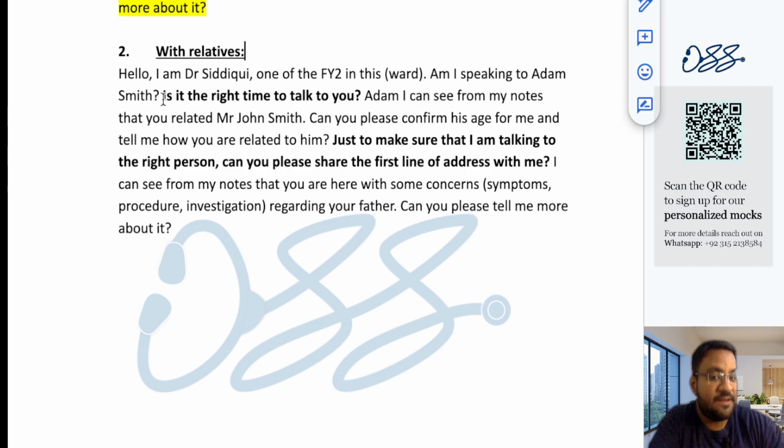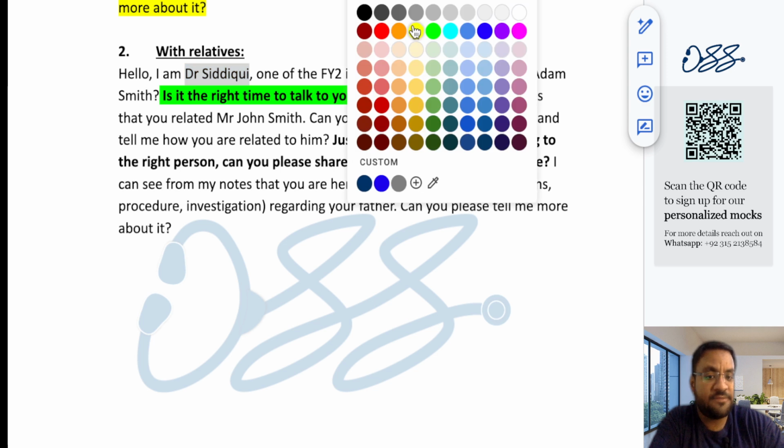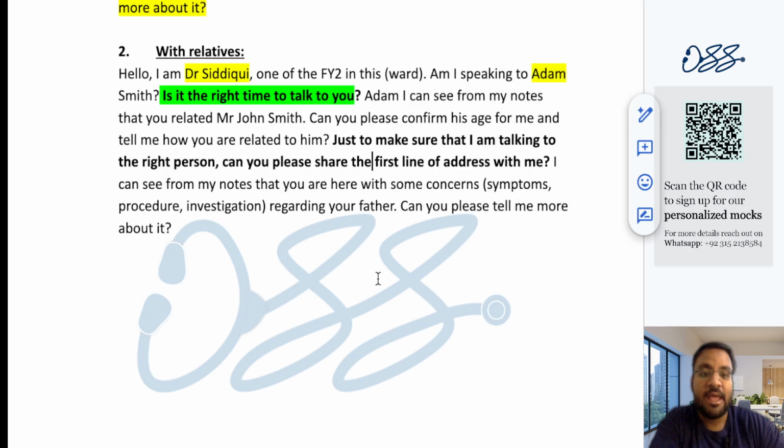Then, since it's a telephone call, you have to ask whether it is the right time to talk to you. We have discussed that in all telephone calls we have to ask if the patient or the relative is available right now, and if it's the right time to talk to the relative. Then you go like this: Adam, I can see from my notes that you're related to Mr. John Smith.